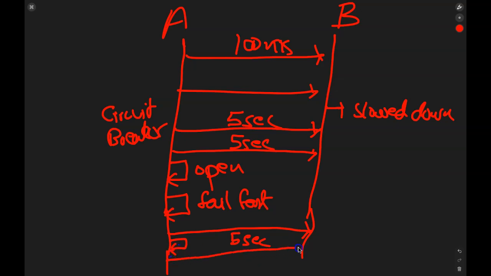But if the calls succeed and they don't get back this exception, then the circuit will become closed and it will let all the calls flow through to service B.